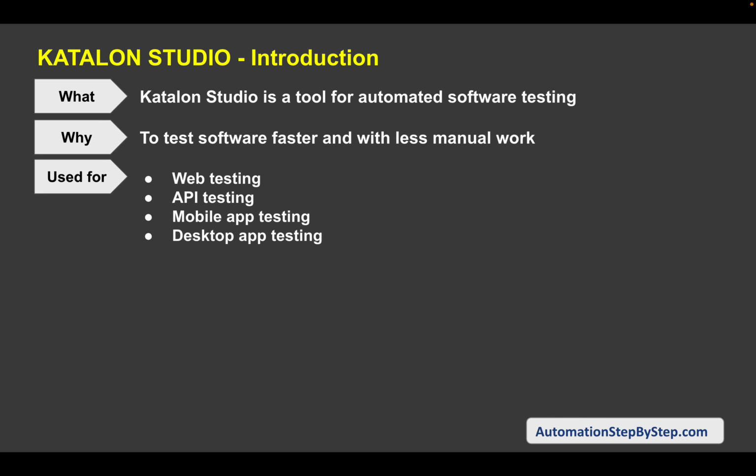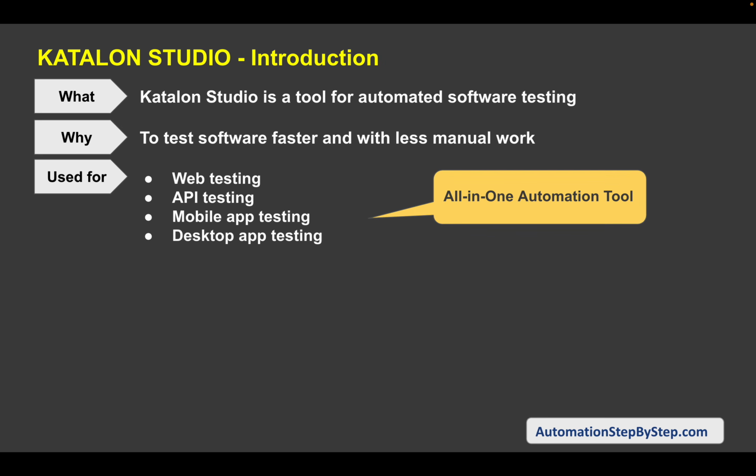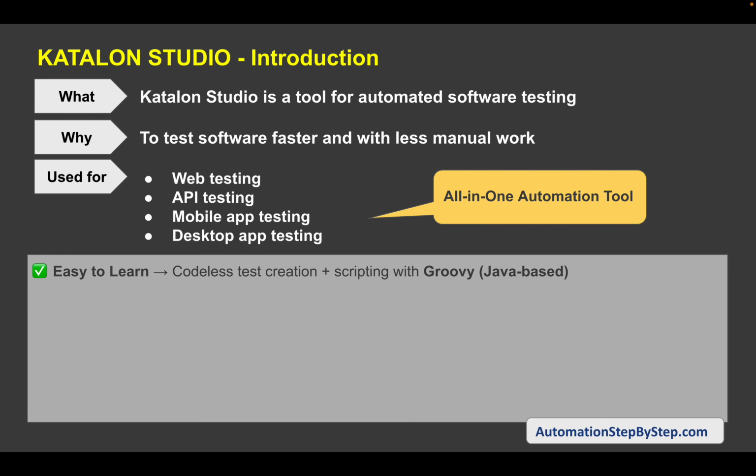We also have an option for BDD testing, that is behavior driven testing using feature files. I will tell you about that in later sessions. That we can also do with Katalon Studio. So in all, it is an all-in-one automation tool. We can cover all these platforms with Katalon Studio. And then if we talk about the very high level features, it is very easy to learn.